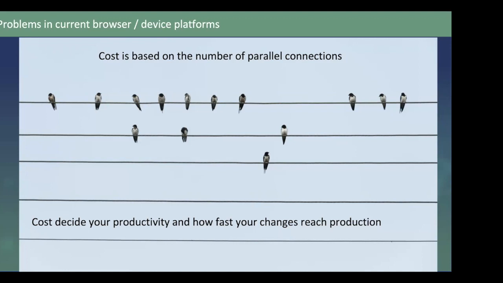Across your organization, you might have 15 or 20 or 100 teams, and your cost is going to increase based on how many parallel connections you want to buy, and it's very expensive. If you buy 100, it means across your organization you can only run 100 tests concurrently. So the cost decides your productivity, how fast your changes reach production, right? We talked about fail fast and running concurrently. This type of model is not in alignment with those key concepts.